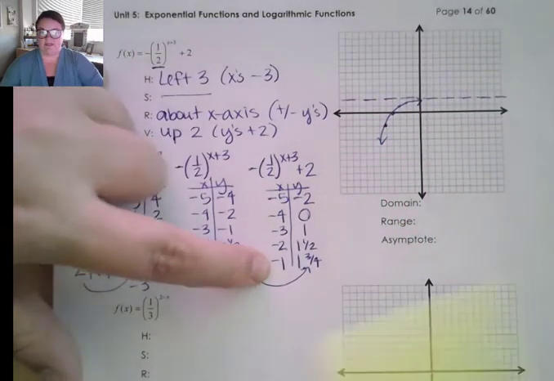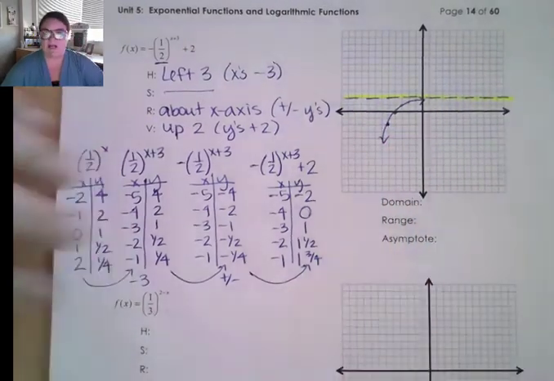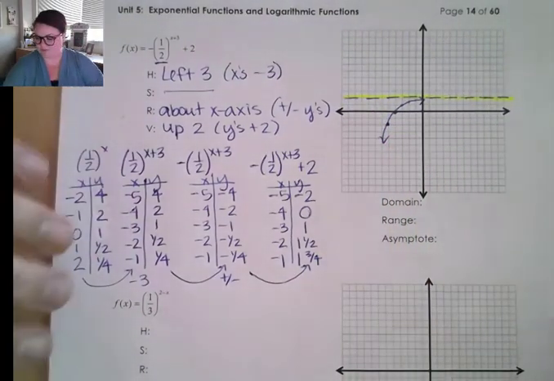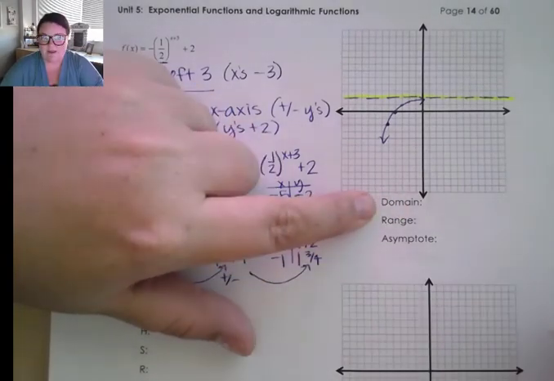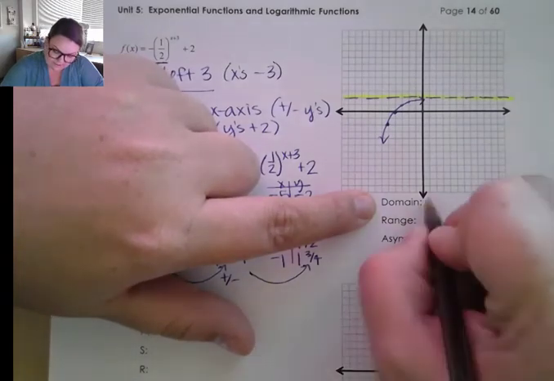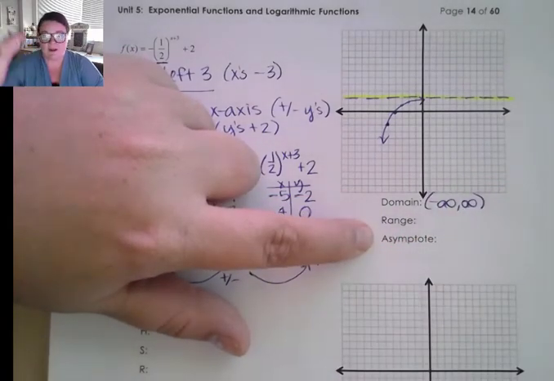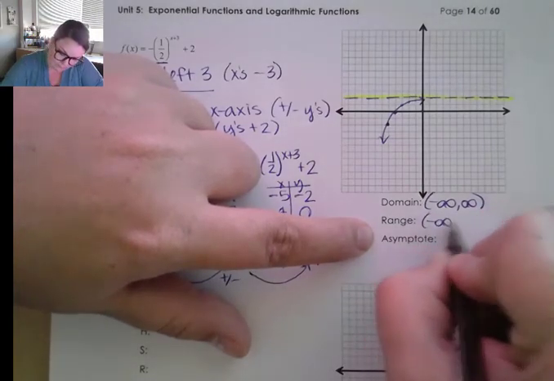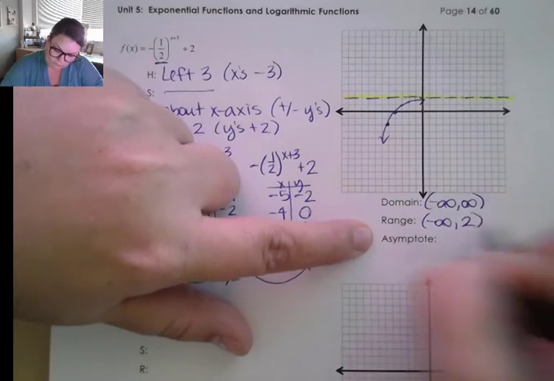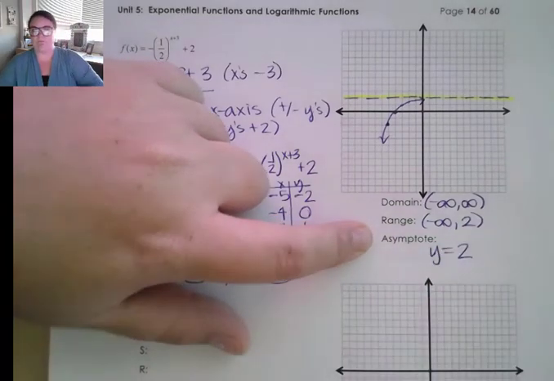Okay, so again, either highlight it, draw a dotted line, something so that I know you know there's a force field there that your line cannot cross. Our domain on all exponential functions is -infinity to infinity. Our range is our y values, so lowest y up to highest. And then our asymptote is at y = 2.